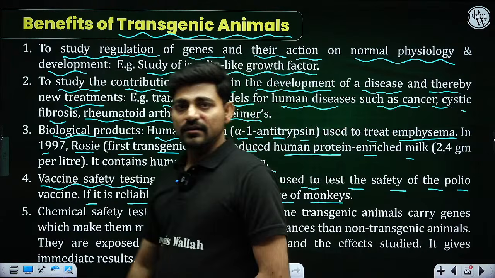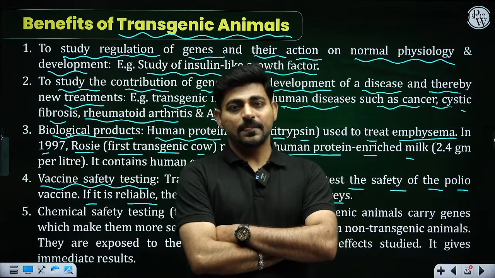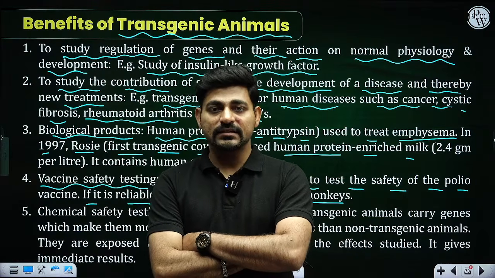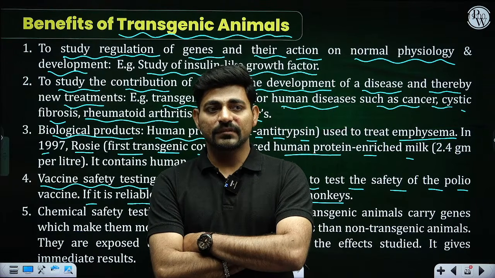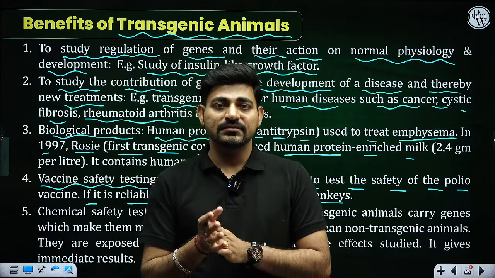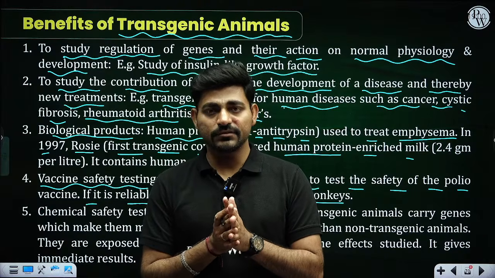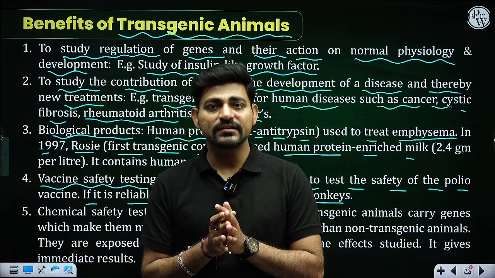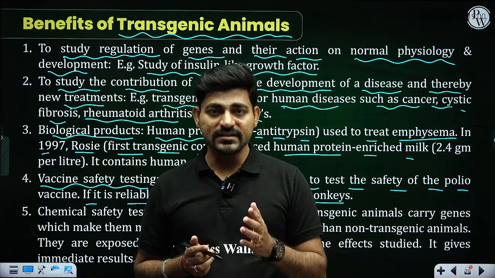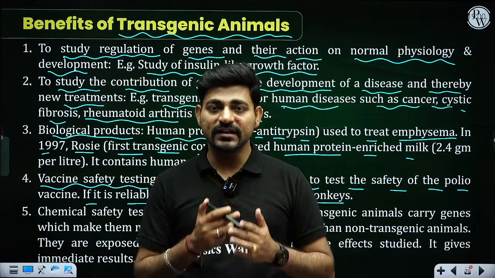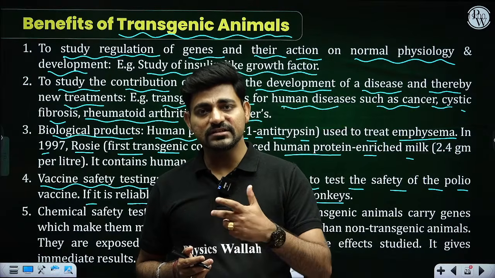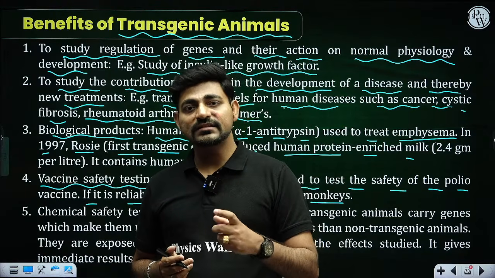So when scientists in pathological laboratories are trying to produce a vaccine against a disease, first they will do a dry run, right? They will take model organisms such as rats or mice, and then inject that vaccine, and we will check whether it is causing any threat or any side effect inside the body.